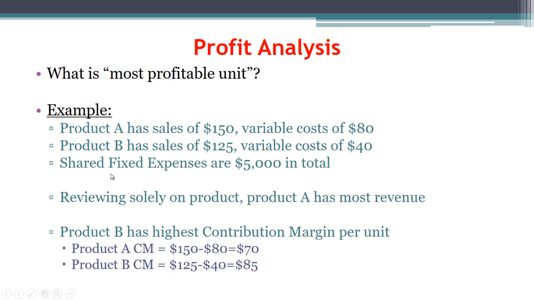Remember, we also, in this case, have shared fixed expenses of $5,000. So whatever contribution margin each of these products generates has to cover $5,000 in fixed expenses before any of it becomes profit.